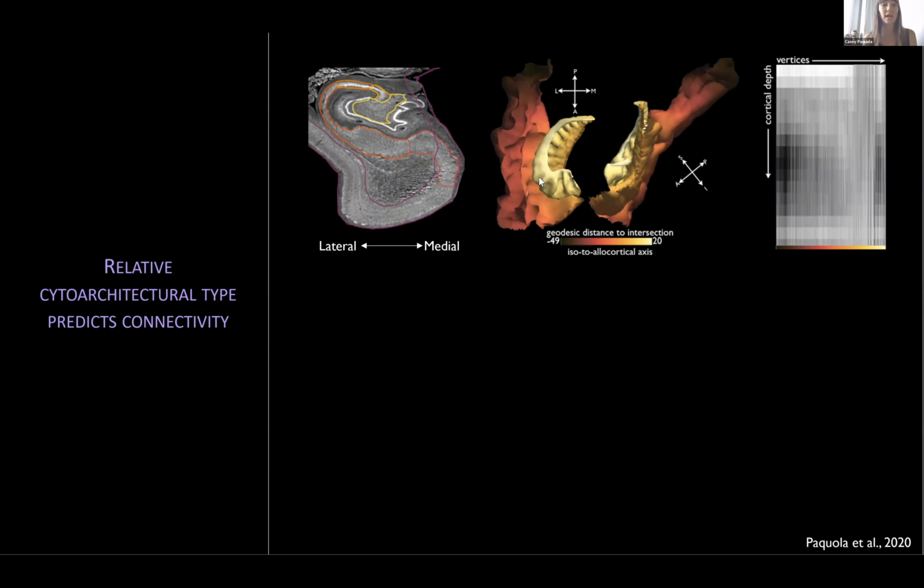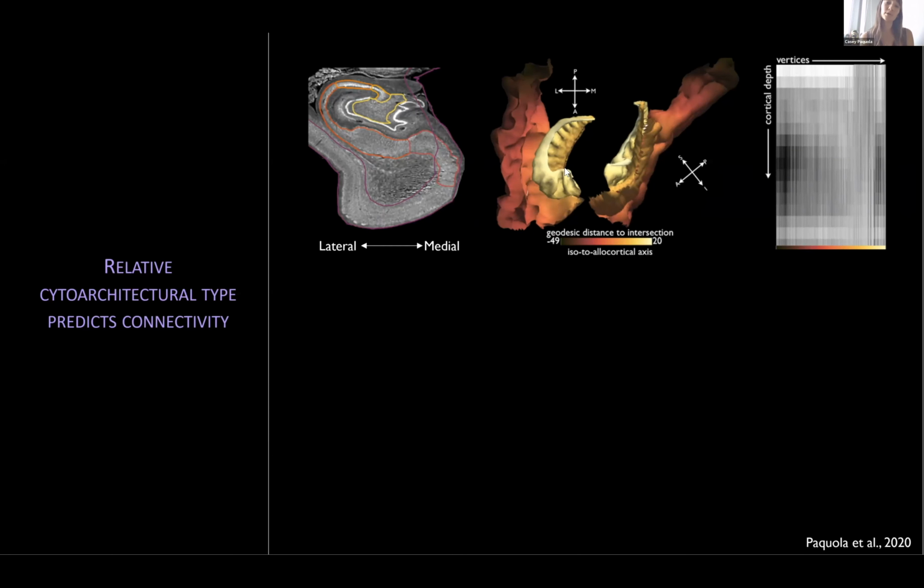And that's what you see here in the center, where we've linked these 2 models and basically got rid of all the superfluous things where you typically jump over the hippocampus in these cortical surface models. So now we have a continuous surface model of the mesiotemporal lobe that includes both isocortex and allocortex, where the hippocampus is the allocortex. And then using this, we could create this geodesic distance to the intersection.